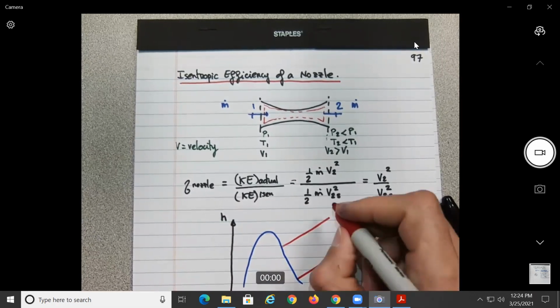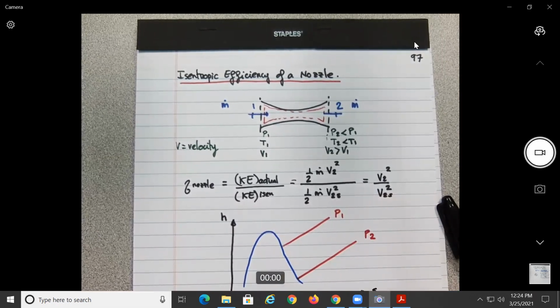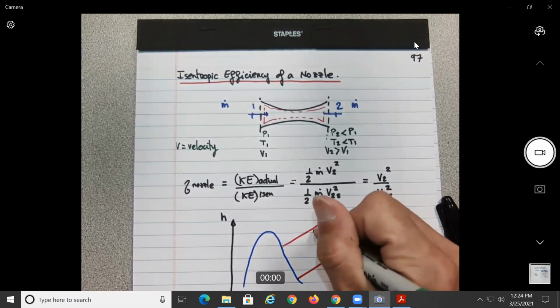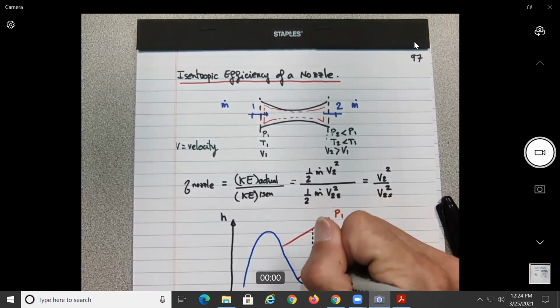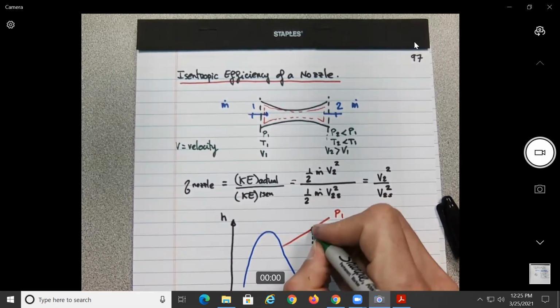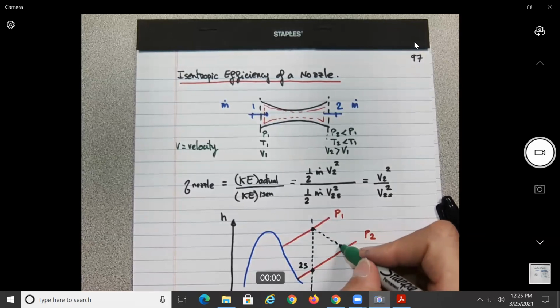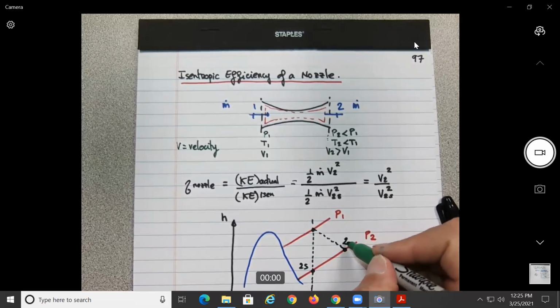We know P1 should be higher than P2, we go isentropic, 1 to 2S, so S1 equal to S2S, and when it's not ideal, you go to 2.